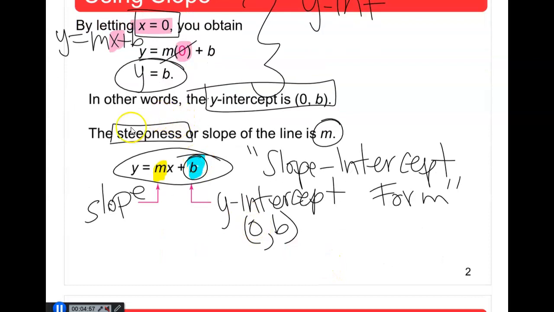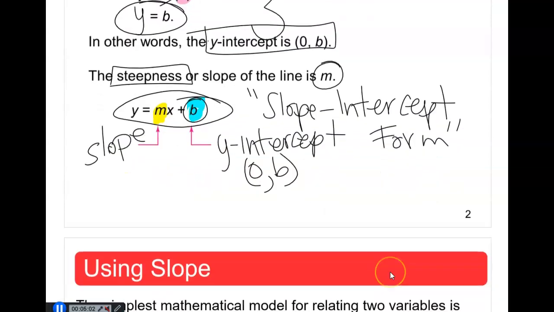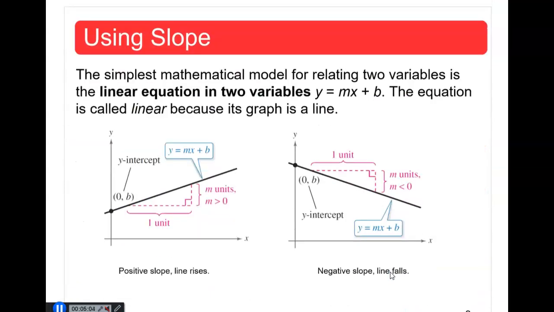But for now, let's just concentrate on linear equations. So the simplest mathematical model for relating two variables is the linear equation in two variables. Those two variables are going to be x and y, and we're going to be relating one to the other.